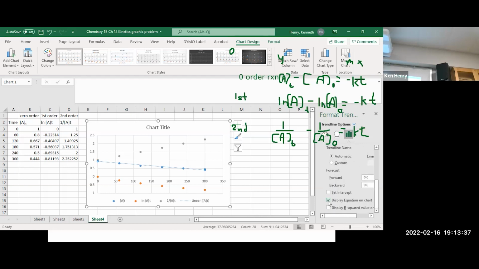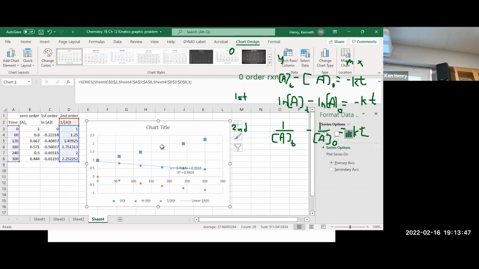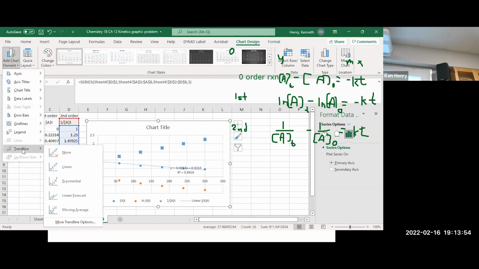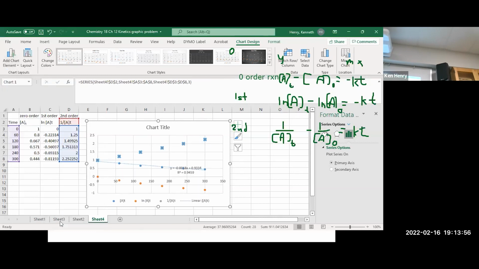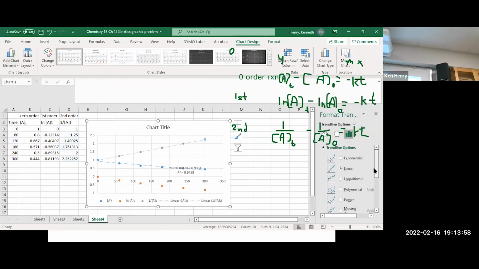We're going to have it display the equations, and also the R value. Then I'm going to select this data point and add the trend line to that one. Go down to more. Again, we're going to have it be linear.